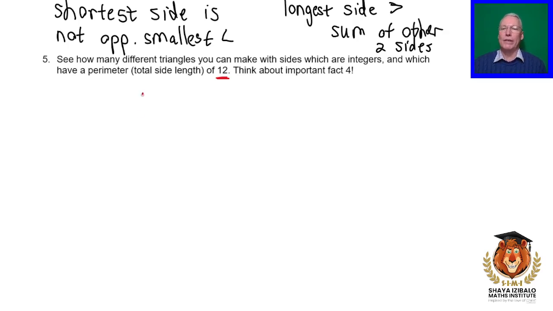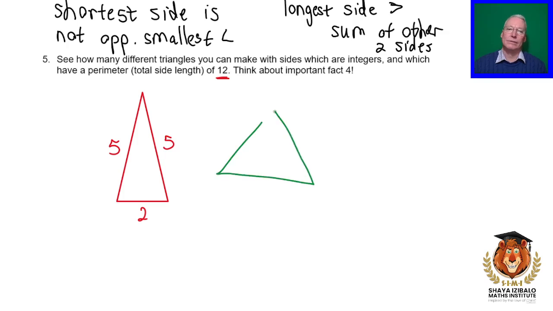We can draw one that's going to look something like this, where 2, 5, and 5. We can draw one that's going to look something like this, 4, 4, and 4.